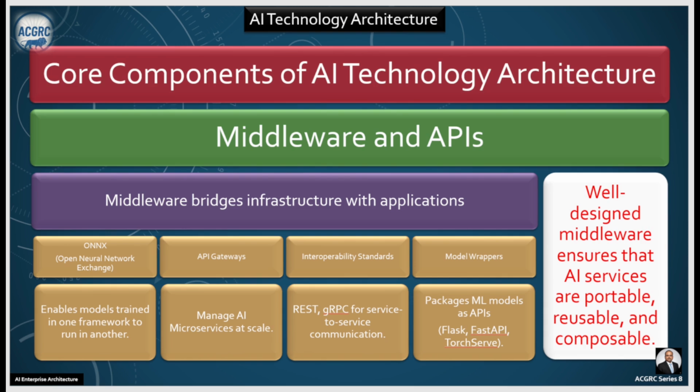We have interoperability standards like REST or gRPC for service-to-service communication. Then we have model wrappers, which package ML models as APIs, could be Flask, FastAPI, or TorchServe. A well designed middleware ensures that the AI services are portable, reusable, and composable.